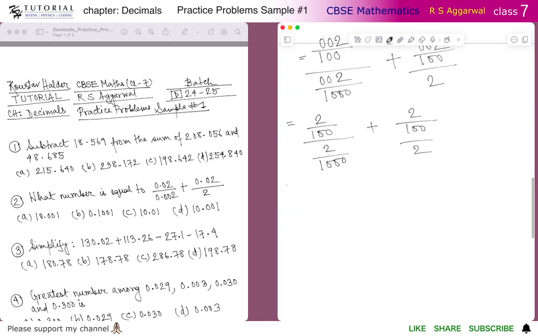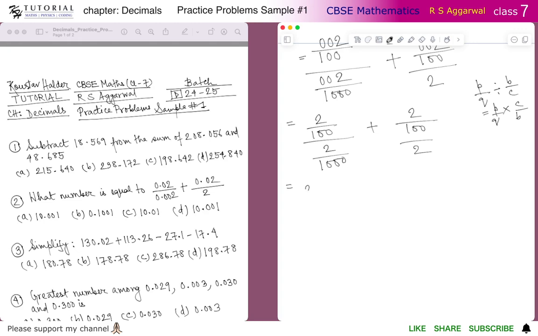So when we divide a fraction by another fraction, I hope you have watched my videos on the fractions. There I have discussed that if you divide a fraction p by q by another fraction b by c, this is equal to p by q multiplied by the reciprocal of b by c, which is c by b.